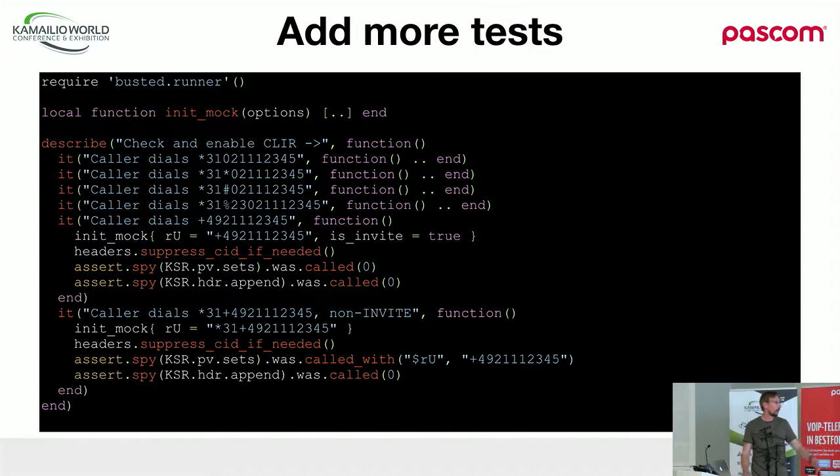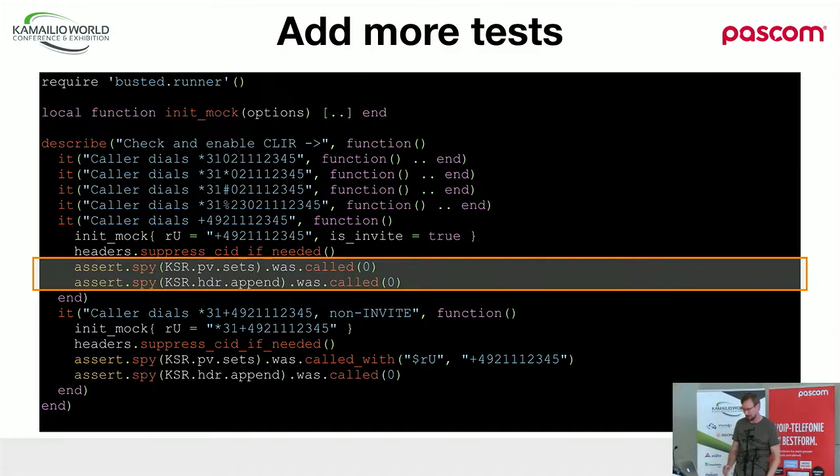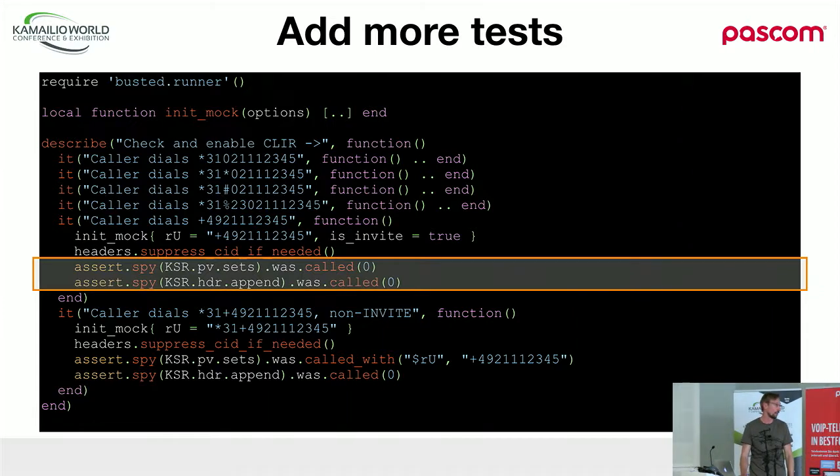The second to last test is when the caller doesn't dial *31, then we don't have to change anything with the request URI, and we shouldn't add a privacy ID header. So we just make sure that those functions are never called when running it with those input parameters.